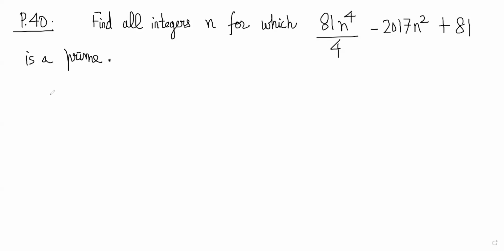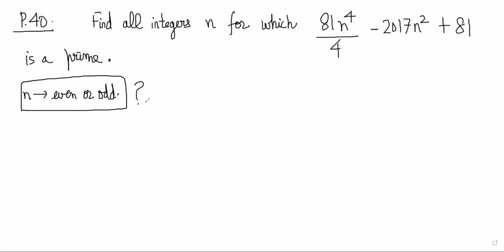The first thing that you should think of is whether n can be even or odd. You can quickly conclude that n cannot be odd. Why?